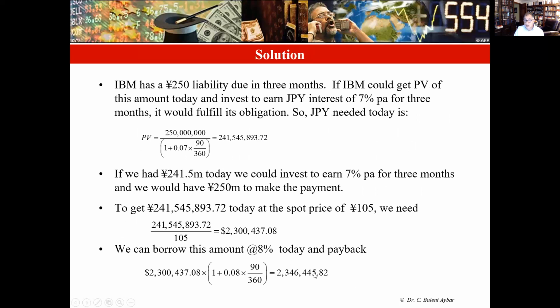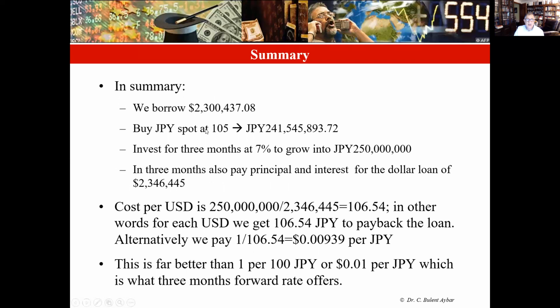So this rate that we achieved through the money market hedge is more advantageous than the forward rate of 2.5 million, or in this particular case 100 Japanese yen per US dollar. So the arrangement that we have is actually a much more advantageous arrangement as compared to the forward contract.